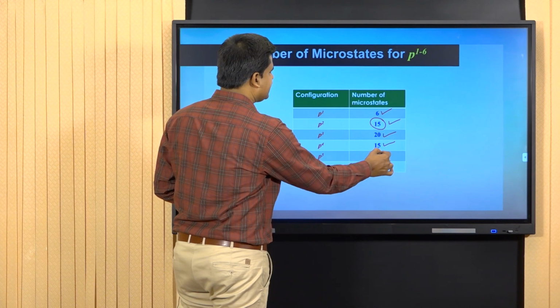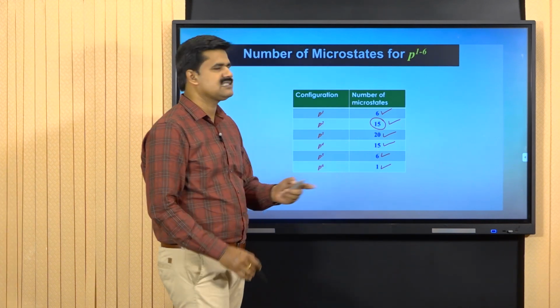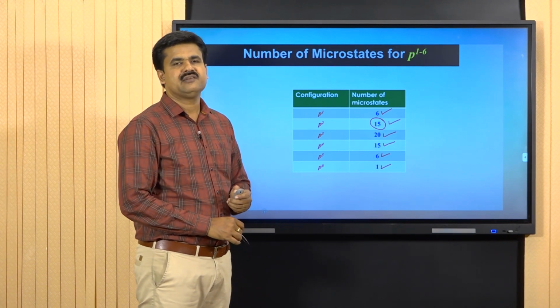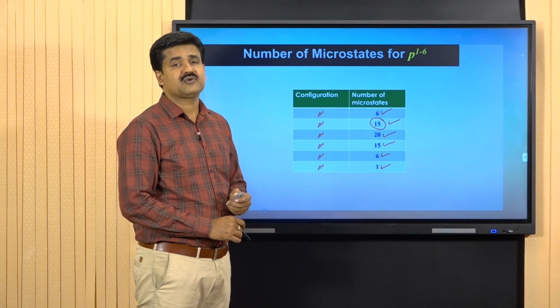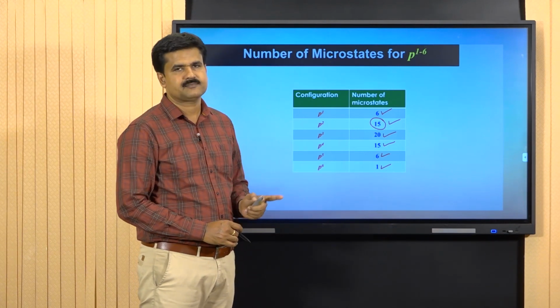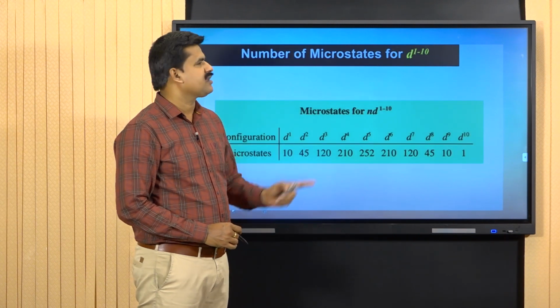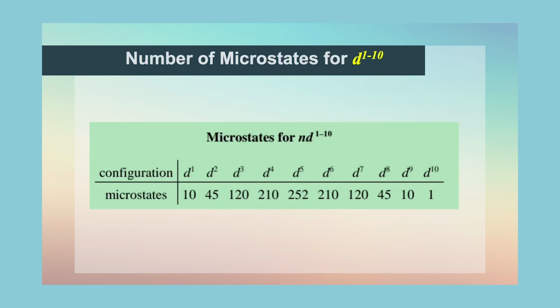For a P5, it is equal to 6. For P6, it is equal to 1. So this chart represents the number of microstates possible for the electronic arrangements from P1 to P6. Similarly, this chart illustrates the number of possible microstates associated with D1 to D10 electronic configurations.